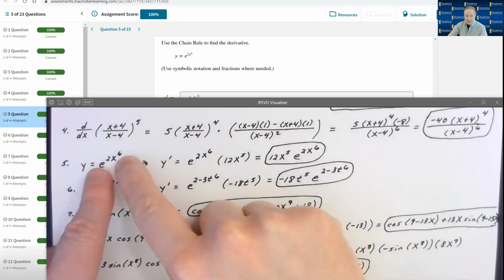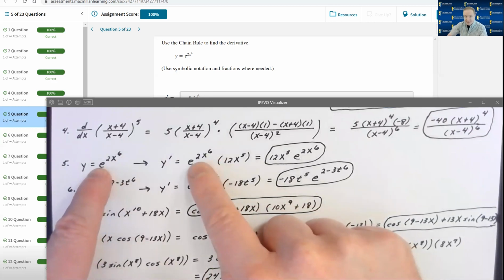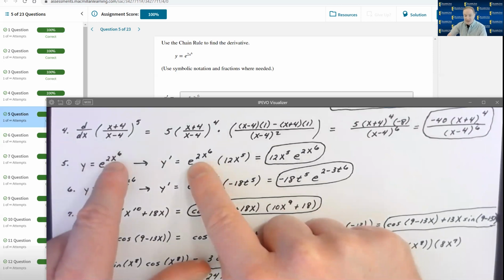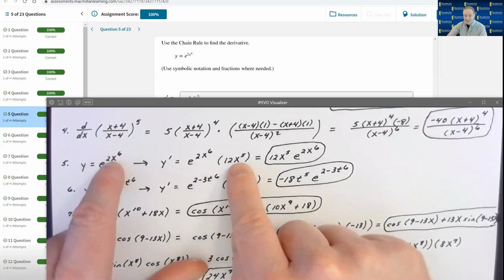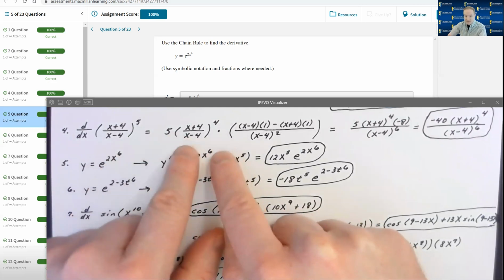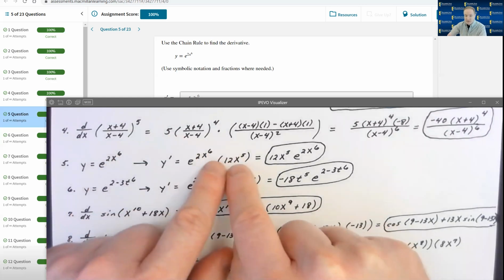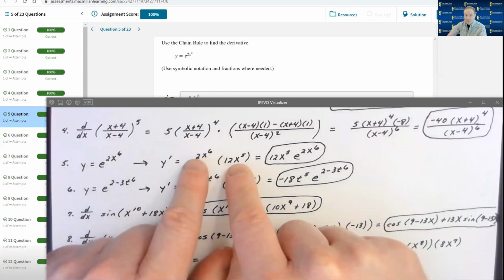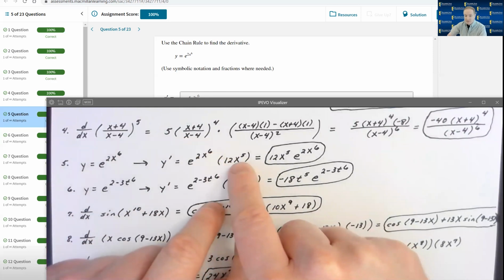So the derivative of e to the 2x to the 6th is derivative of the outside. Derivative of any exponential function is that exponential function. But now I have to say times the derivative of what was inside of it. Well, what's inside of it is the function 2x to the 6th. The derivative of 2x to the 6th would be 12x to the 5th.